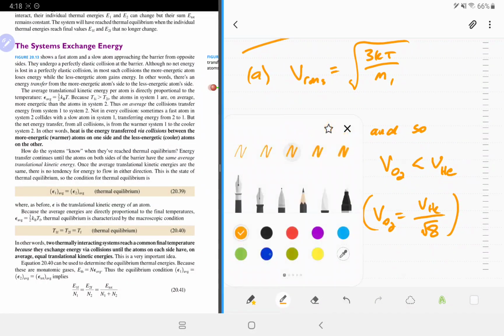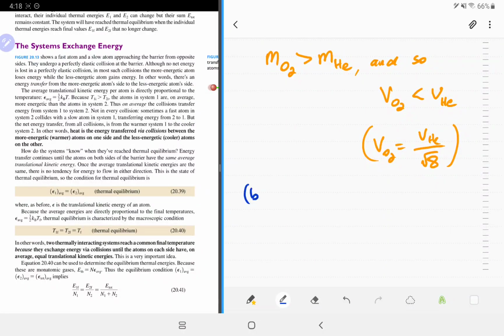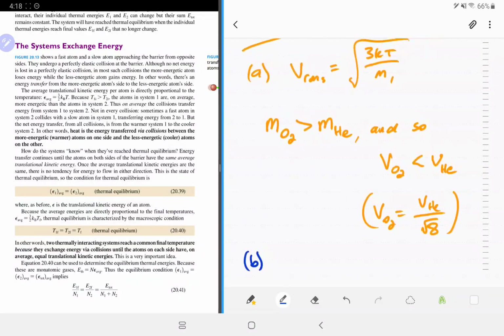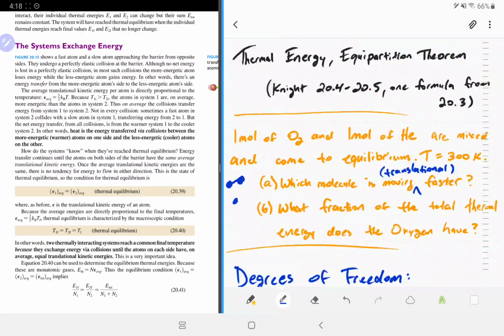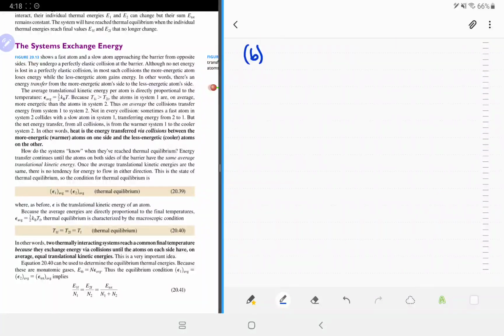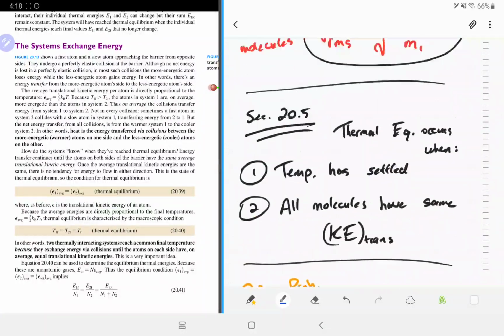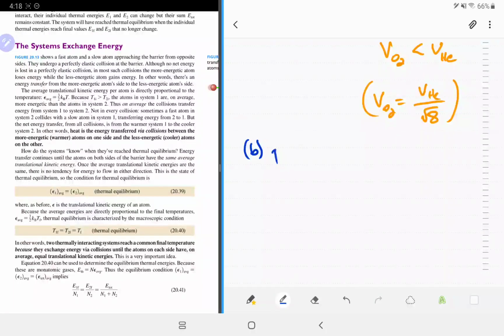Okay, what about part B? So part B was what fraction of the total energy does the oxygen have? Remember, what fraction of the total thermal energy does the oxygen have? Well, let's break up the total thermal energy into two pieces. So E thermal total is equal to E thermal due to the O2 plus however much thermal energy the helium has.